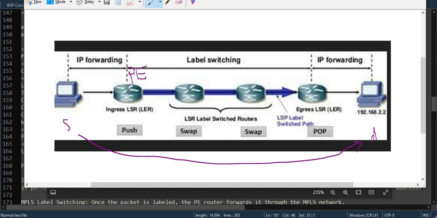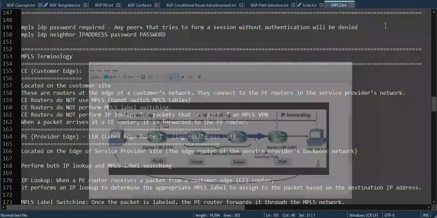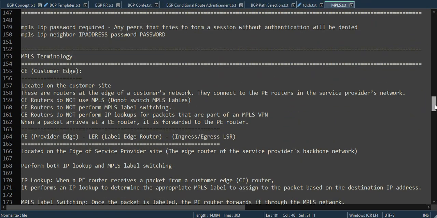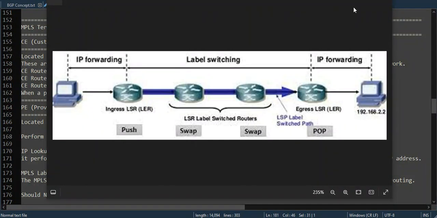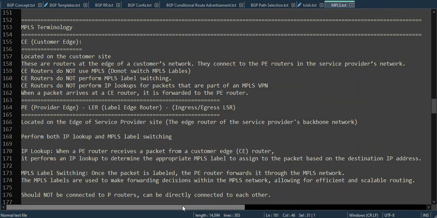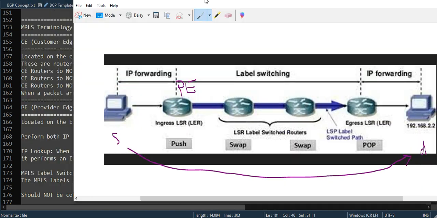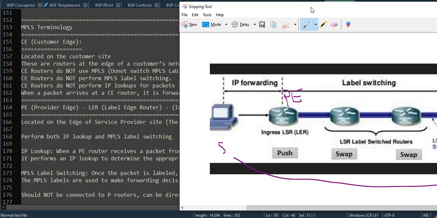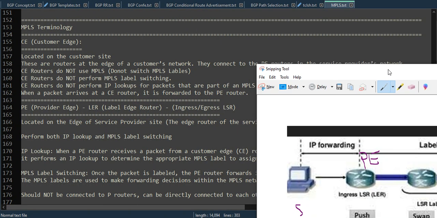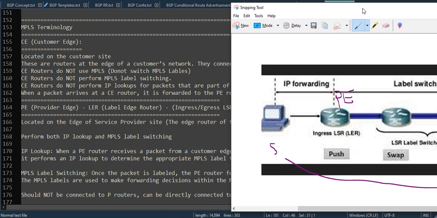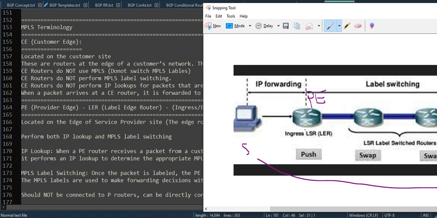This is our PE router, or edge LSR, or ingress LSR.